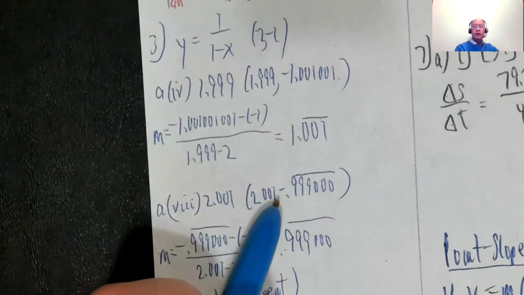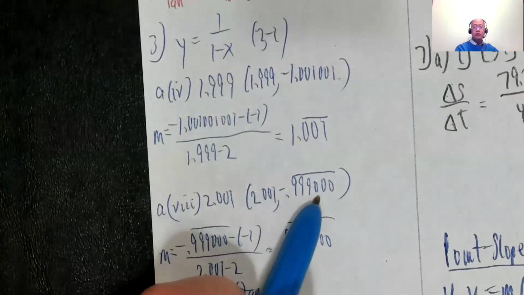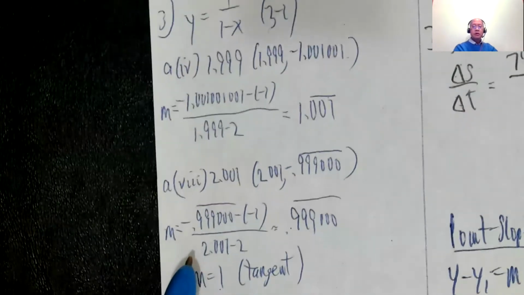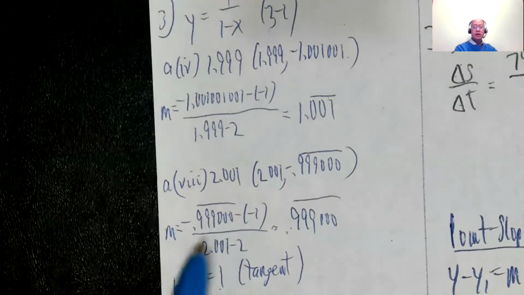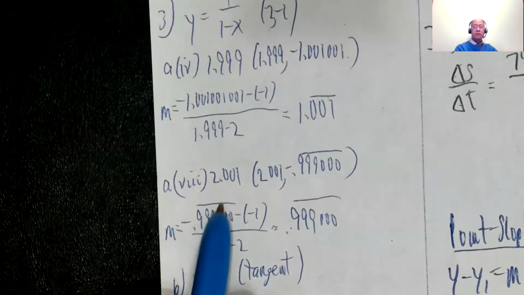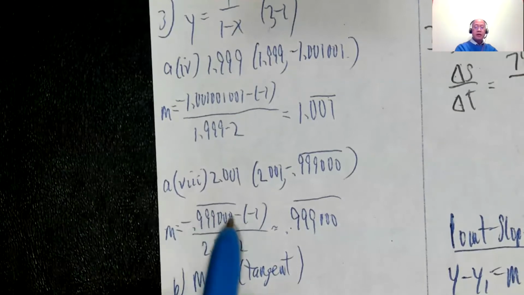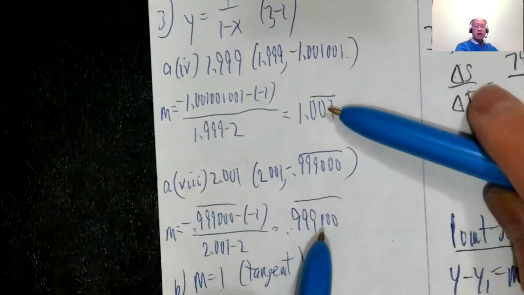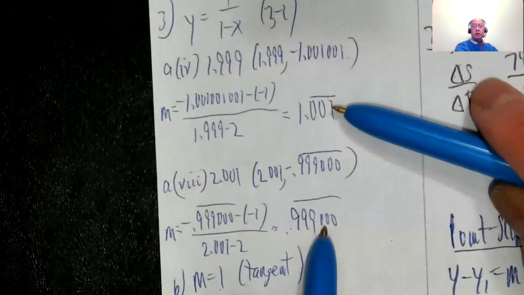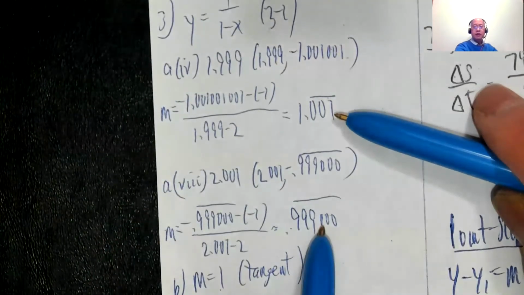Plug in 2.001, you get negative 0.999000 repeating. The slope comes out to be y2 minus y1 divided by x2 minus x1, negative 0.999000 repeating minus a negative 1, over 2.001 minus 2, which is 0.999000. So these are slopes of secant lines very close to the starting point (2, negative 1).